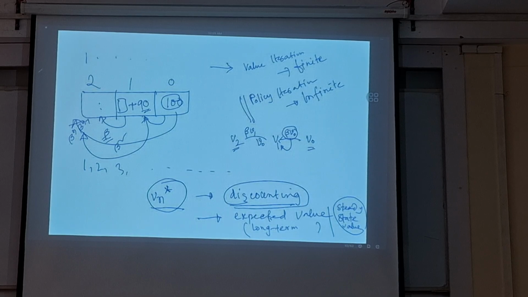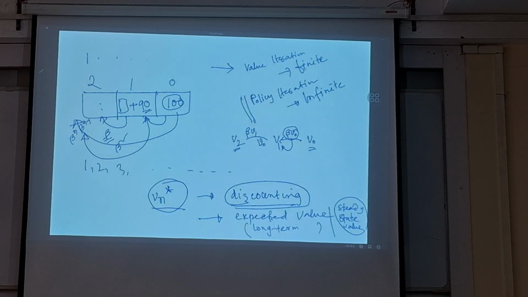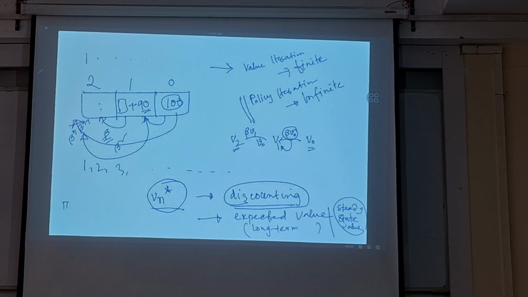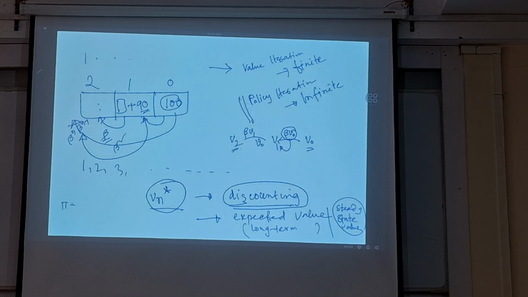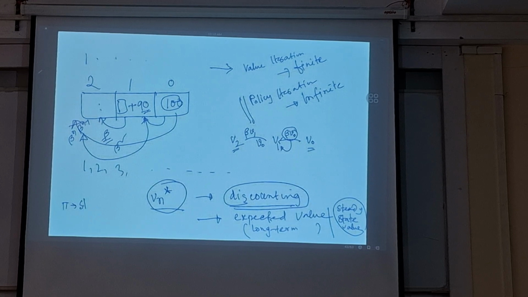Now, instead of considering the transition probability matrix, we calculate pi. Pi is the steady state probability.